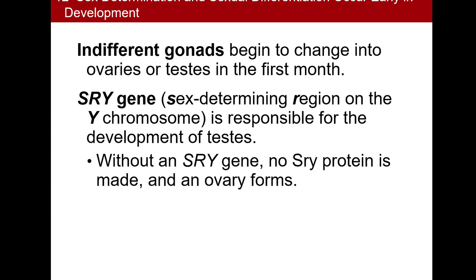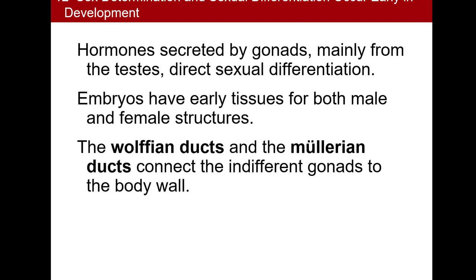If an individual has XX chromosomes, they don't have a Y chromosome, so there would not be the Sry gene, which means that the indifferent gonad would develop into an ovary instead of a testis. So basically what we're saying is that the human body is sort of by default female, unless acted upon. If acted upon, it can become biologically male.